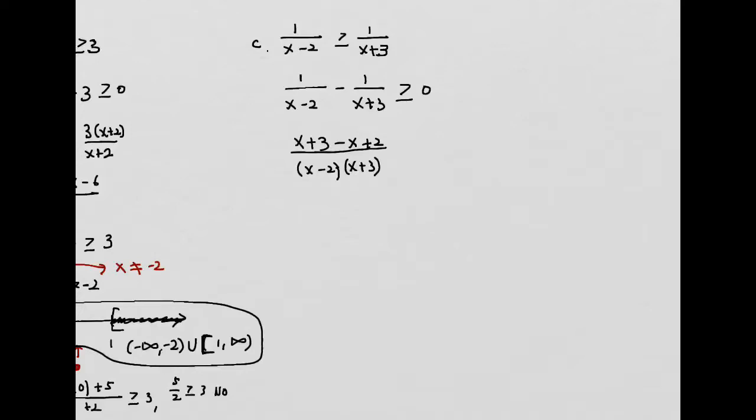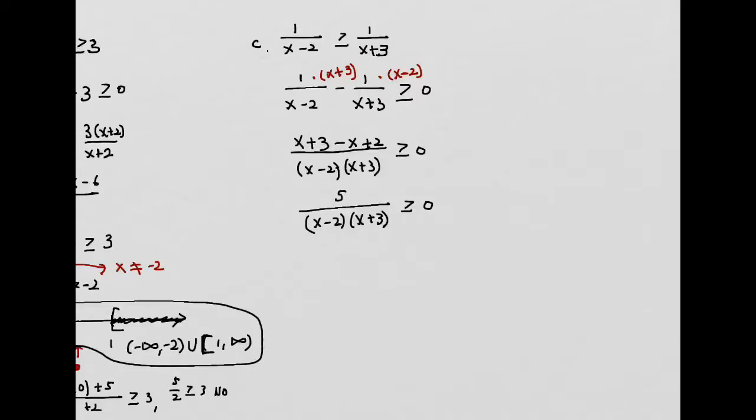Don't forget you're multiplying this by x minus 2 and this numerator by x plus 3. And when you simplify the numerator you end up getting no more variable x, only 5, with denominator x minus 2, x plus 3.